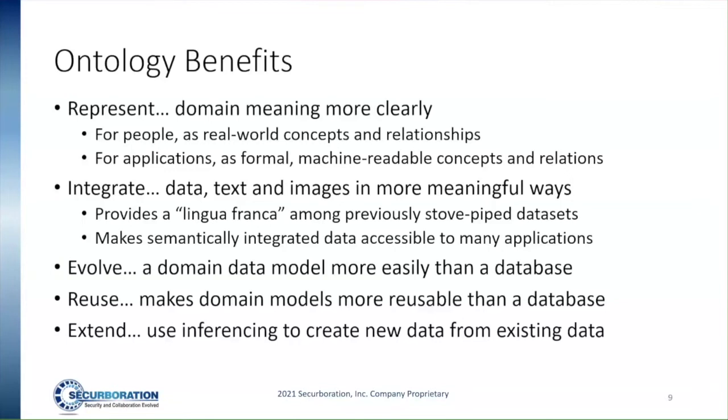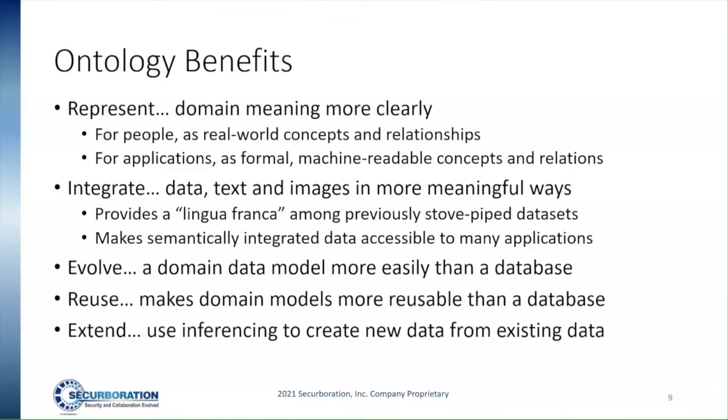Furthermore, ontologies provide the meaning needed to integrate structured data with unstructured data, like text and images, making semantically integrated information accessible to many different people, organizations, and applications. And that's going to be one of the main use cases we're going to talk about today, how ontologies can help us link structured and unstructured data.